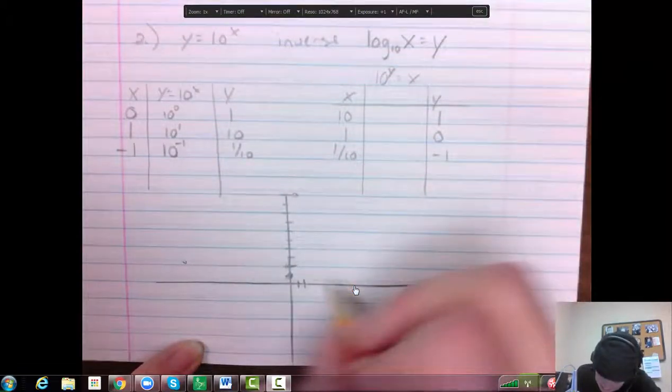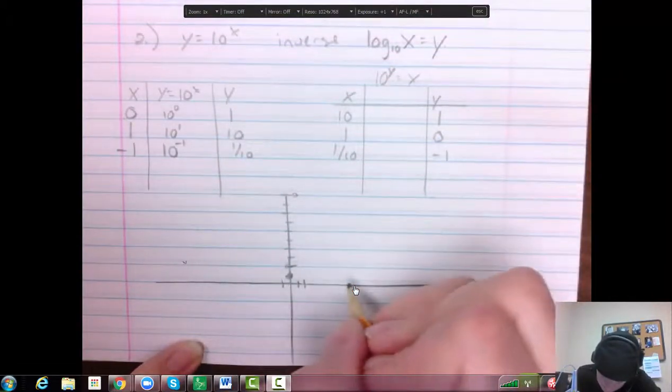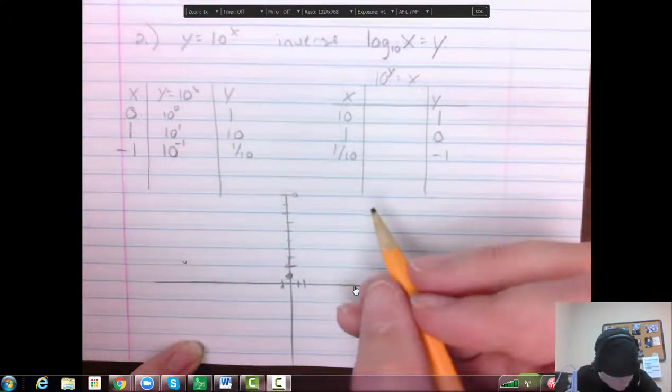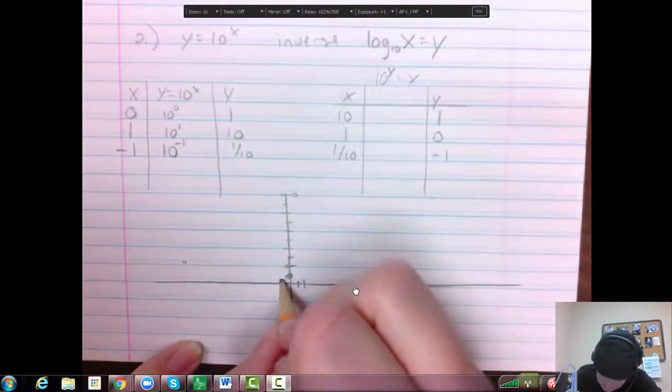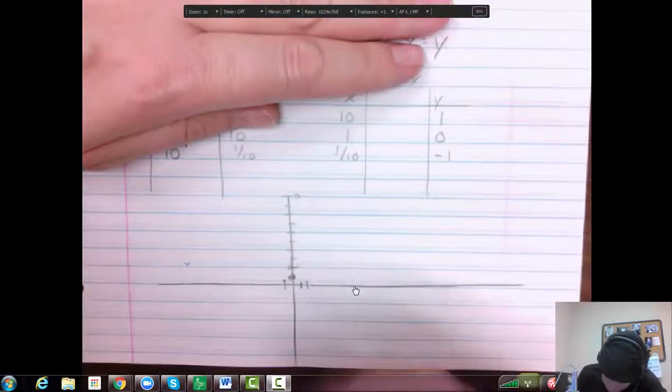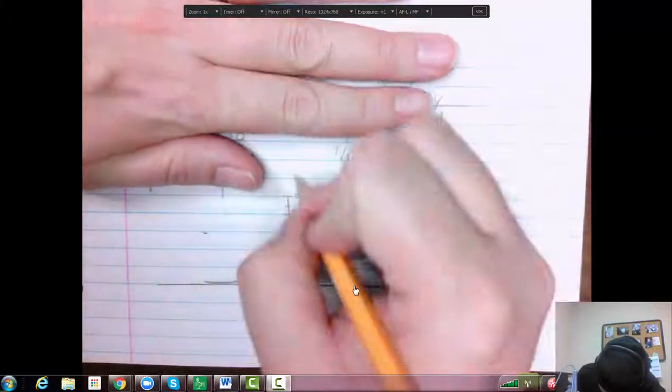And then -1, 1/10 will be like right here. Oops, -1, 1/10. Oops, right above, not -1/10. Because it can't cross, it won't cross the negative here. So it goes really close, and then it goes up really fast because of the 10, like that.